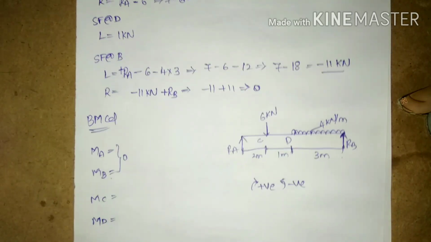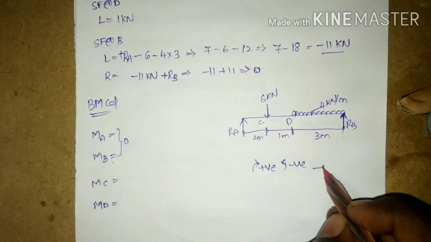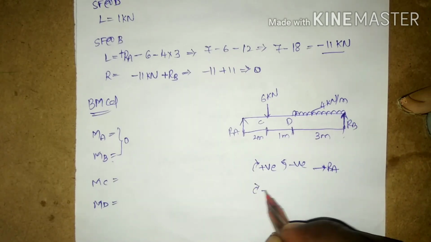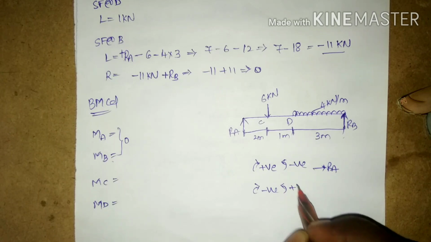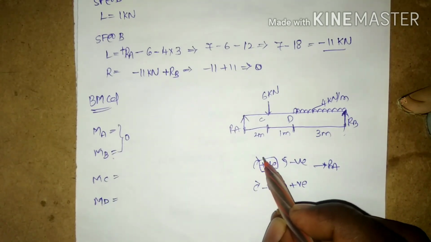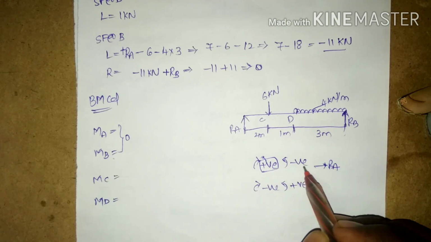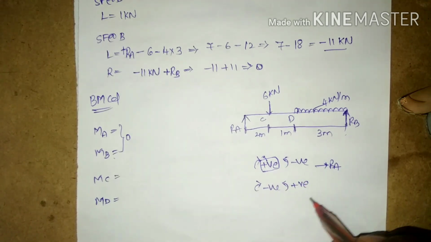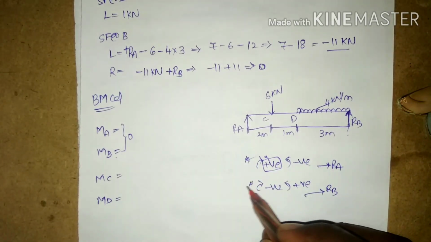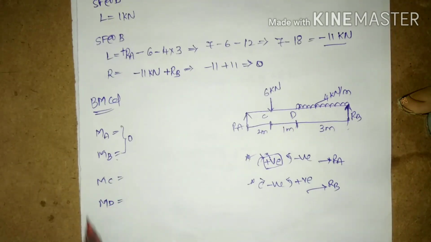If I take moments from the RB reaction, clockwise is negative and anti-clockwise is positive. If you remember positive with the clockwise direction, then you can write all the remaining signs easily. Remember this while doing the moments here.